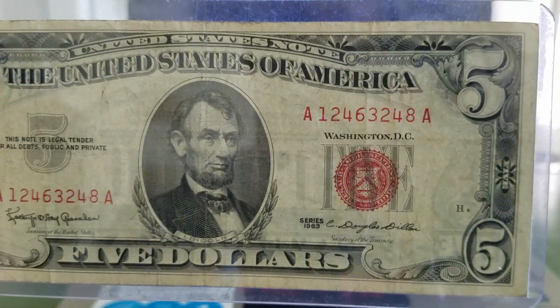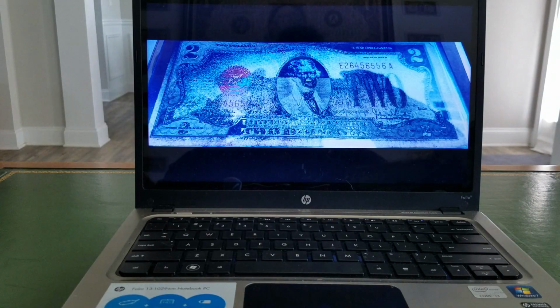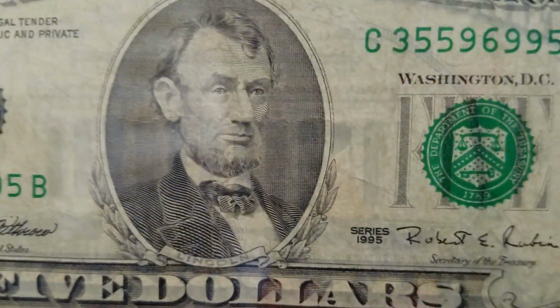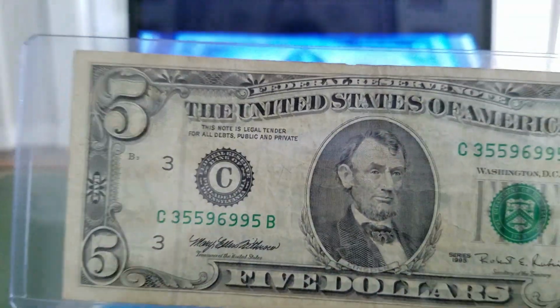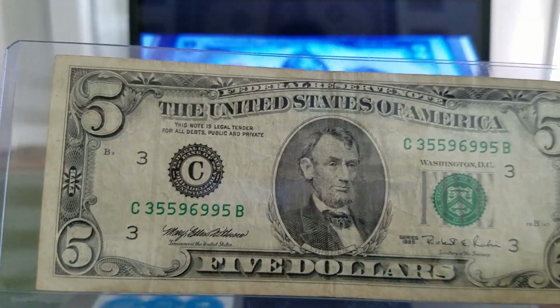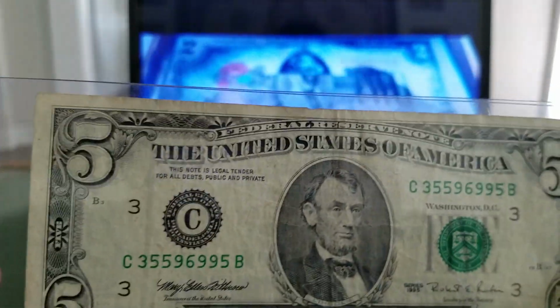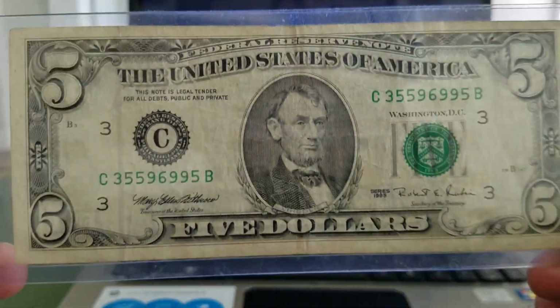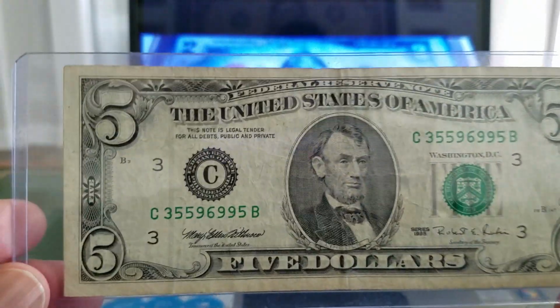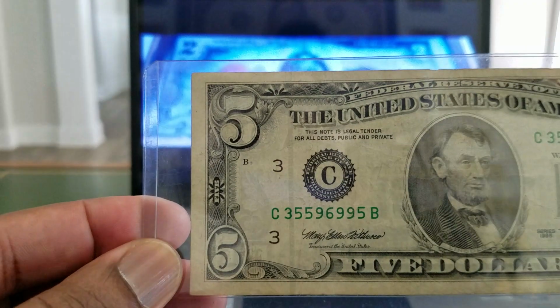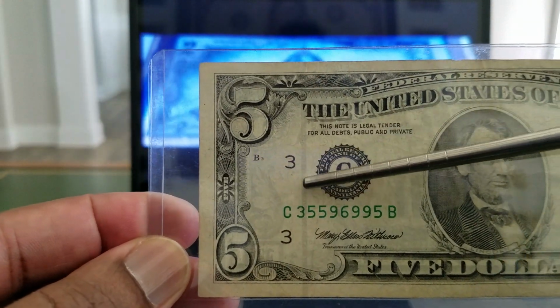So that was the 1963 note. On this note right here, this Federal Reserve note of 1995. So on the 1994 series, in the year 1994, in series of 1993, they started to add security features. And that is this little script right here.